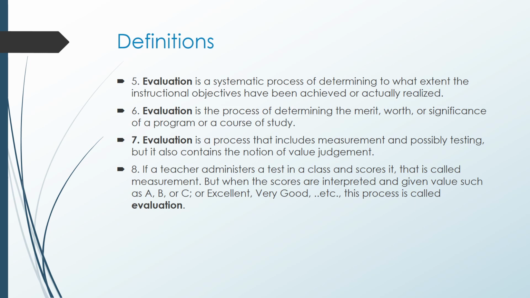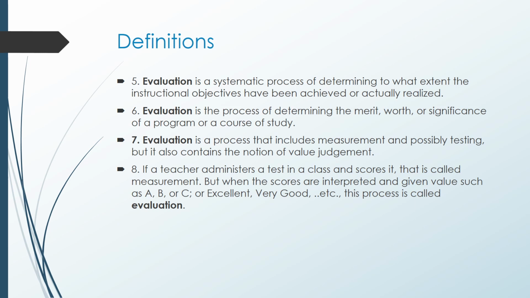So number 8 says that if a teacher administers a test in a class and scores it, that is called what? Measurement. But when the scores are interpreted and given value, such as A, B, or C, for instance, A means excellent, or if you got from 90 to 100, this means what?